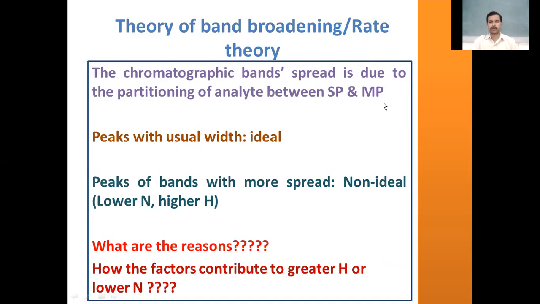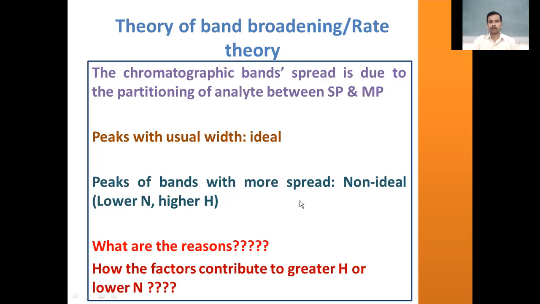It will not only partition, it will create its own band, and its spread will be more due to unusual interaction of the solute with either the stationary phase or mobile phase. So if the width of an individual band is less, then we can say it is the ideal chromatogram.